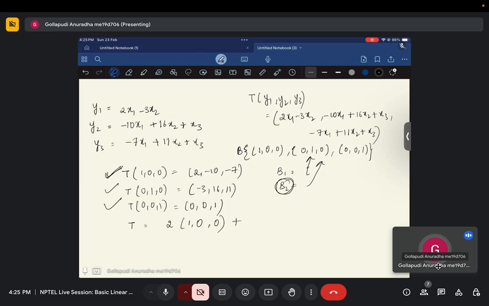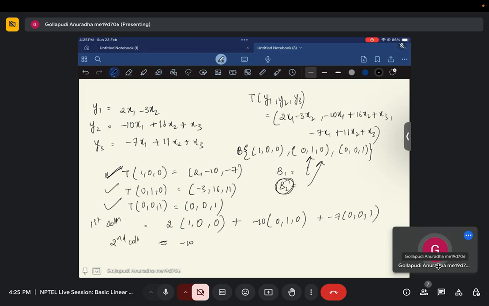So the first column here will be the same thing we were trying last time, in the last question.